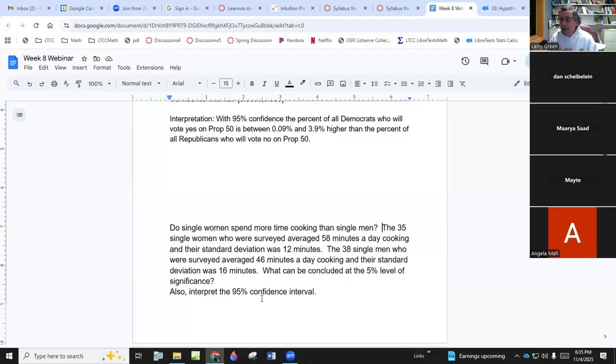Instead of P, what do you think we're going to use for H naught and H1, when your answers are numbers like 120 or 90 or 30 or whatever it might be? What are we going to use now instead of P? Do you remember?